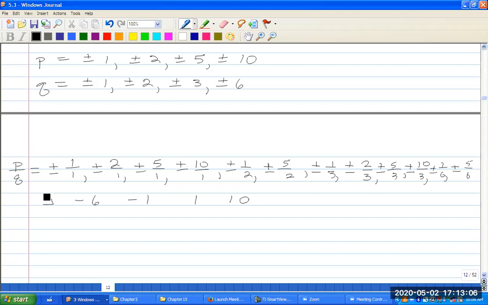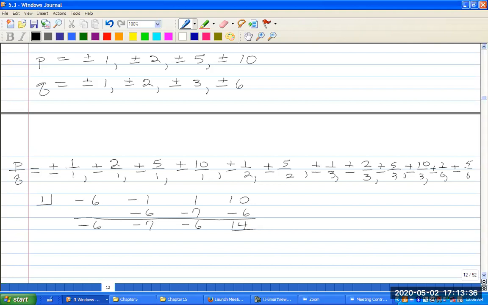I'm just going to guess 1, because 1 is actually the easiest number to pick. And so let's see if it works. Drop down. So I get -6 times 1 is -6, minus 1 is -7, times 1 is -7, plus 1 is -6, times 1 is -6, plus 10 is 4. And now you go, well, it's 4.